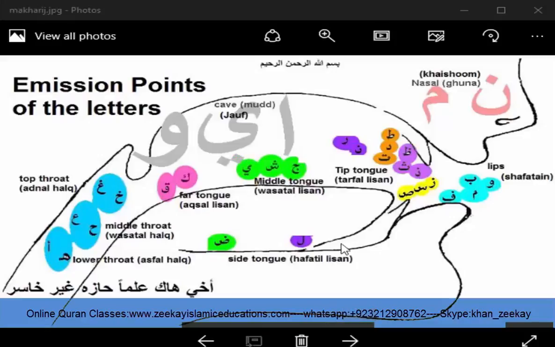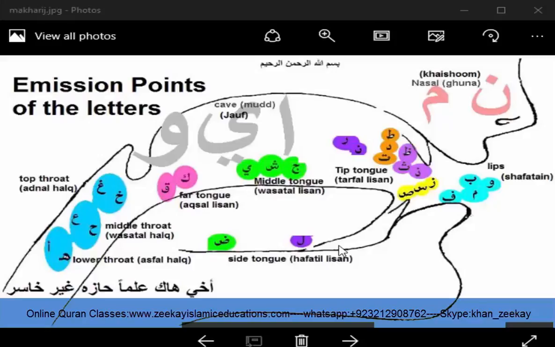Okay, now we should understand about the origins. The first origin is where the letters of madd are pronounced. The letters of madd are alif, ya, and waw.